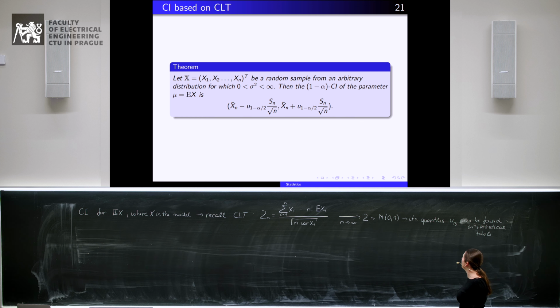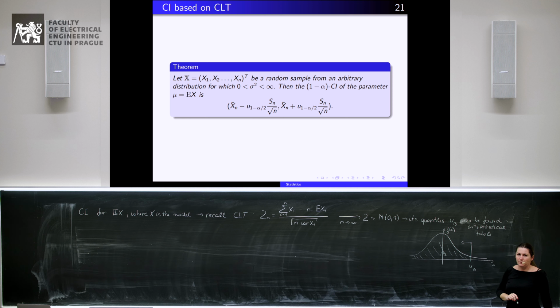You can Google it, you will find it everywhere. And I just recall what the quantile means. When we have a normal distribution, the quantile u_beta means that it is such a number on the horizontal axis that the area below the curve of the density is equal to beta.